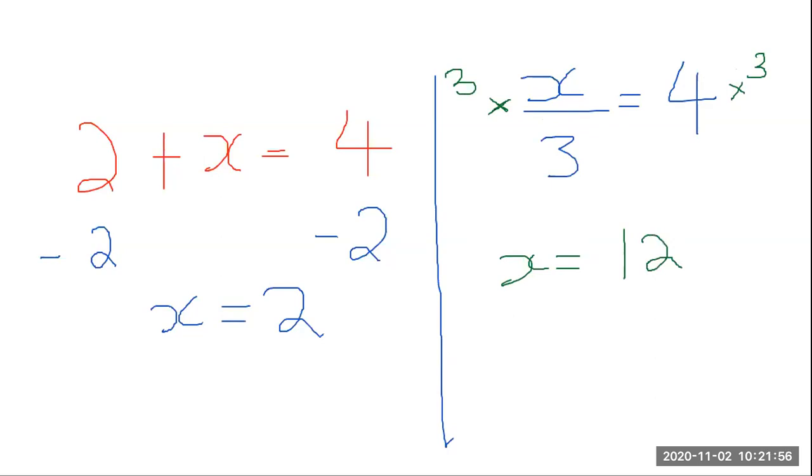Now let's jump into what I introduced from last week. The first one we're going to look at is solving for x with squares. So the first example that I want to give is if I have x squared is equal to 4.